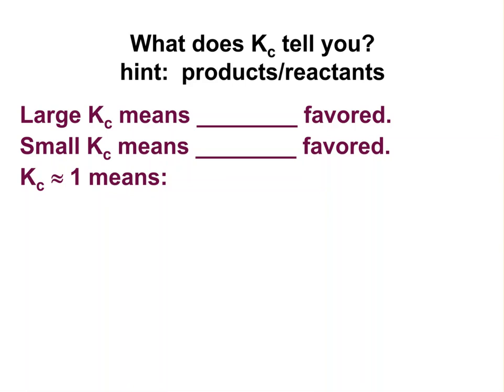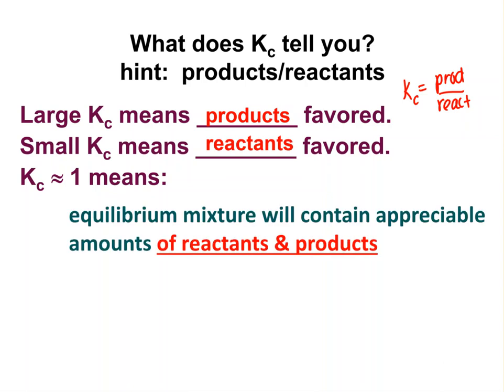So what we just said before: if the Kc is large, and we remember that the equilibrium constant is products over reactants, then it being large means that the products are favored. If it's small, the reactants are favored, just according to this equation. If it's near 1, the equilibrium will have a mixture of both.